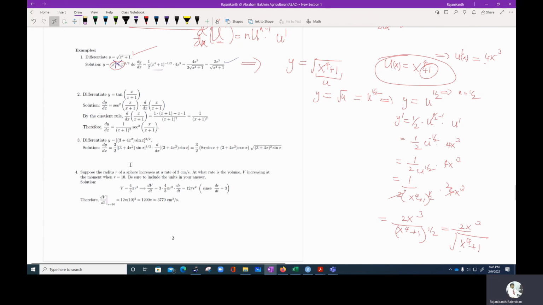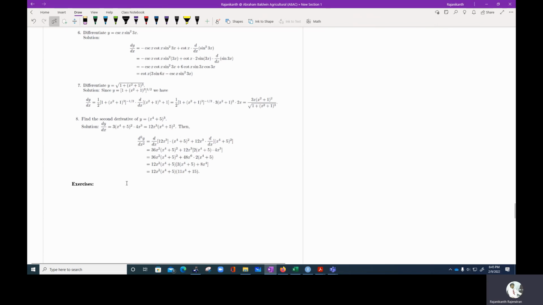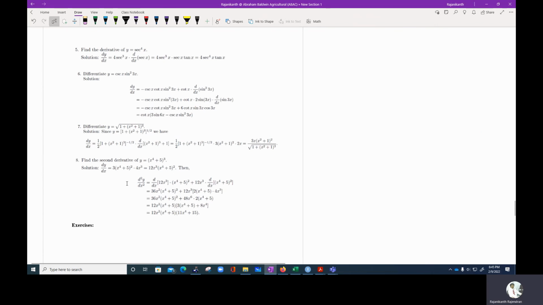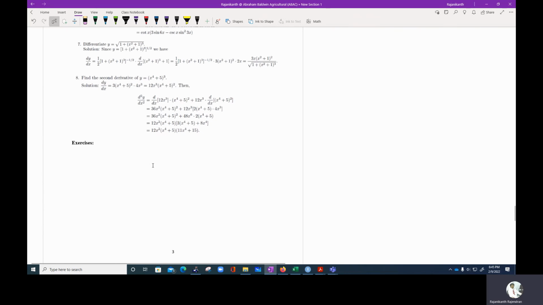Please go through all these problems and check whether you understand all the steps, and watch the videos on these sections. Again, I'm giving some problems to work on, and I will post the solution for 2.4 as well.